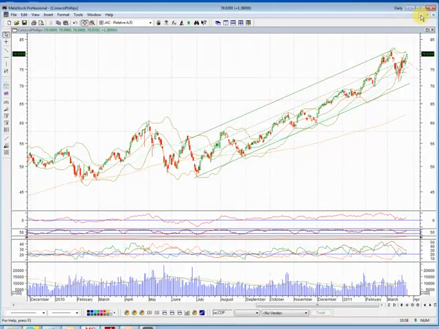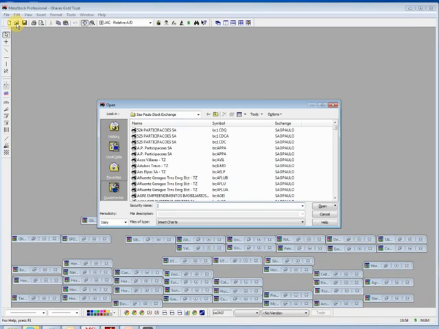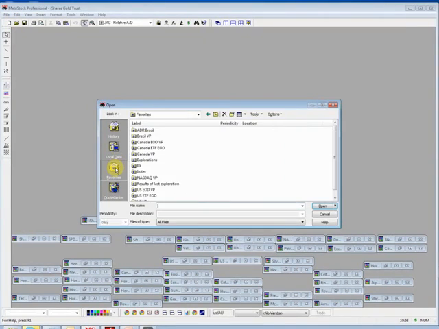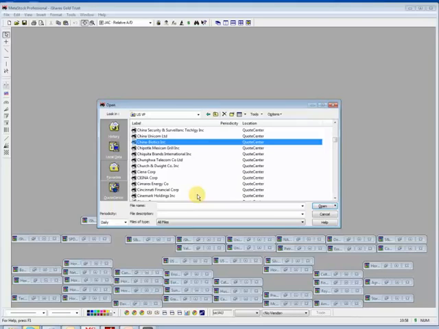Another one that is interesting to mention, I don't have it open here. This week, a client asked me about a certain stock. He told me, well, I'm thinking about buying this stock. What do you think? So let me open the chart here.